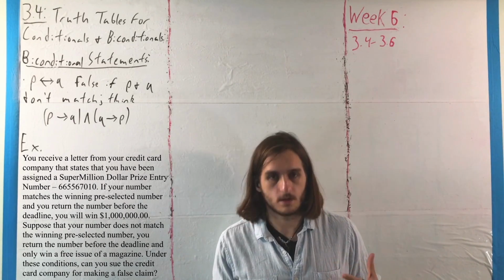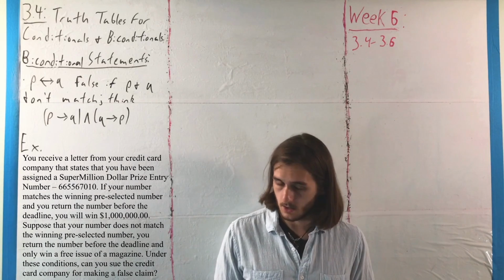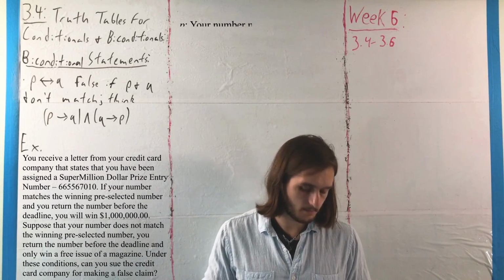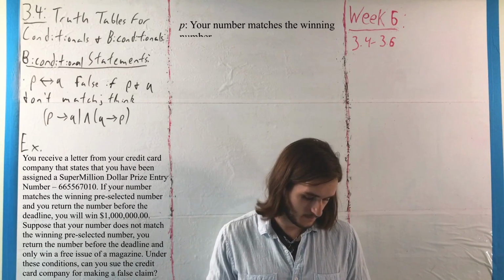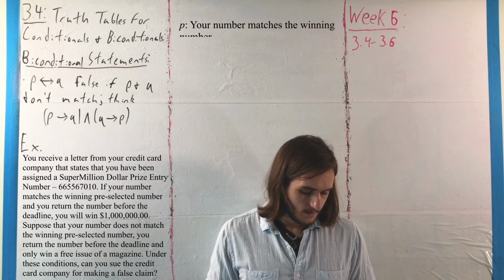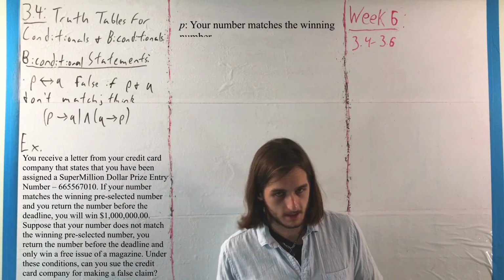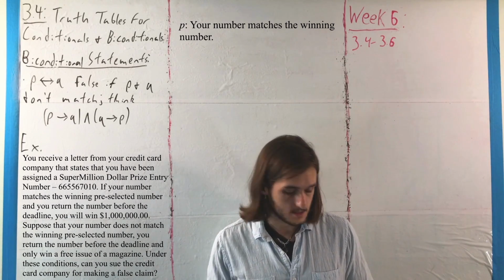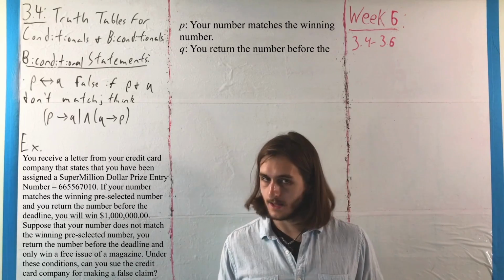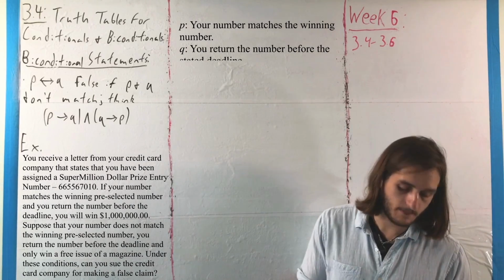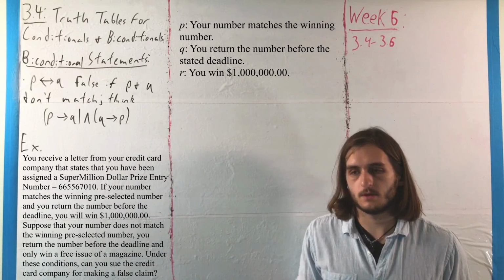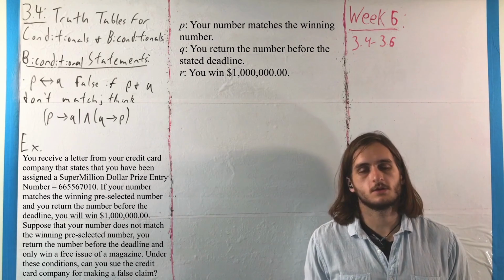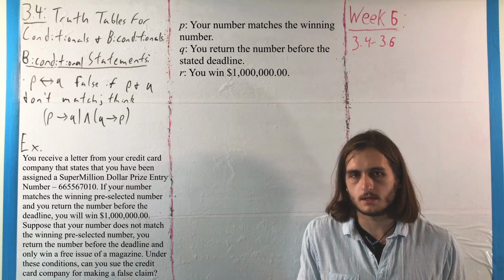We have our statements, P, Q, and R, where P is the statement your number matches the winning number, your assigned value is worth $1 million. Q is that you return before the stated deadline, that is, you get your number in on time, and R is you win the $1 million, because obviously in this circumstance, you don't care about a magazine.